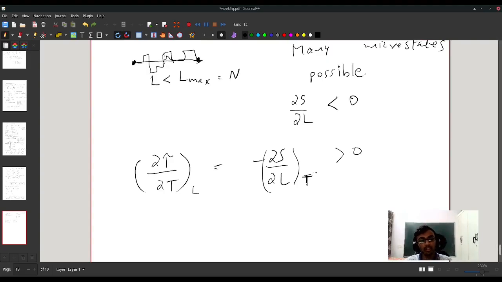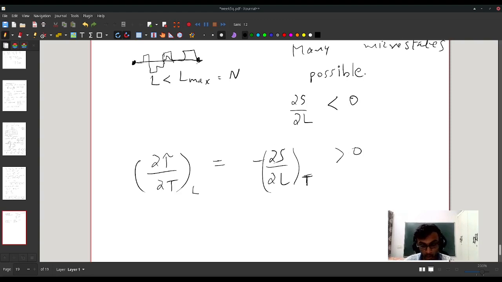So as you see, if you increase temperature, the tension will increase. It will get more stiff if you heat the rubber band. Or if you do this experiment at a constant tension, say you hang a weight to a rubber band, then if you heat it, the length will decrease.